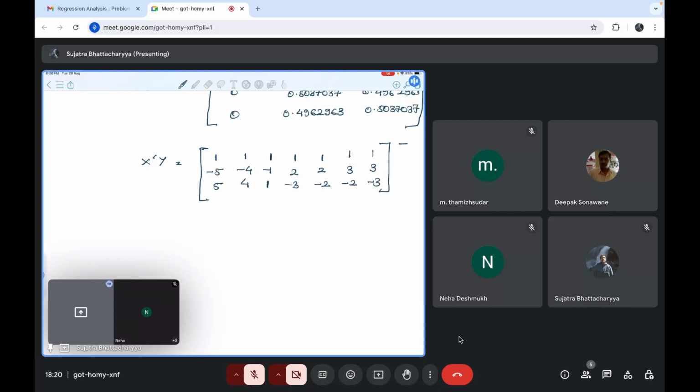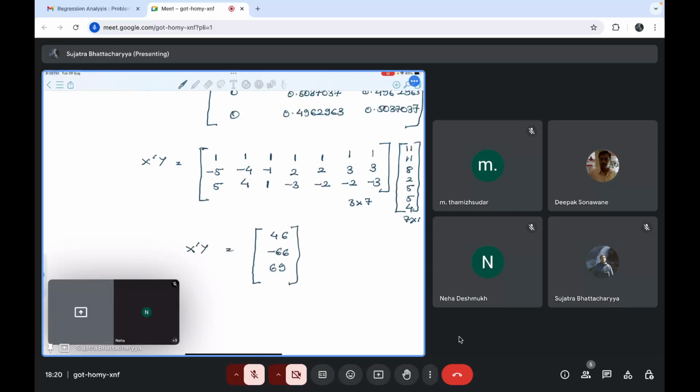And y is a 7 rows, 1 column matrix: 11, 11, 8, 2, 5, 5, 4. So this is 7 by 1 and this is 3 by 7, so it will ultimately be a 3 by 1 matrix, which will be 46, minus 66 and 69. This is your x prime y.